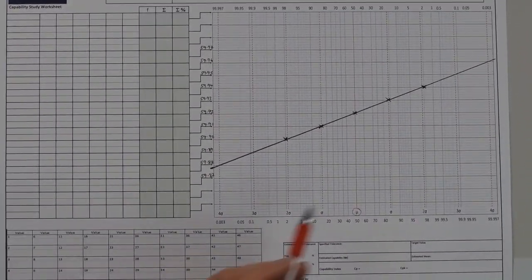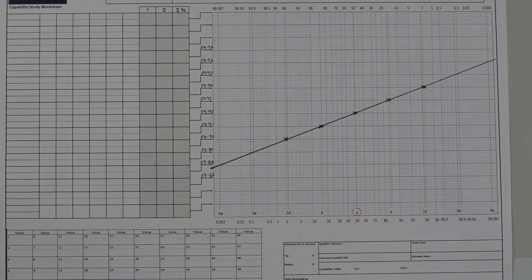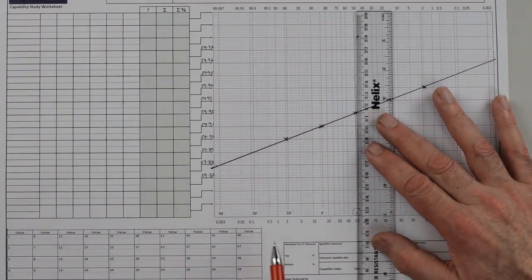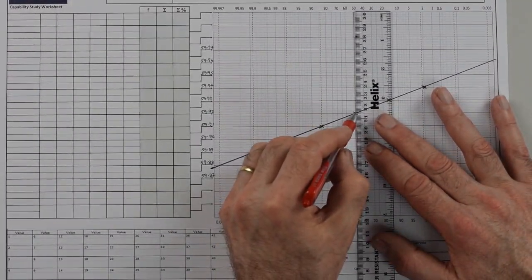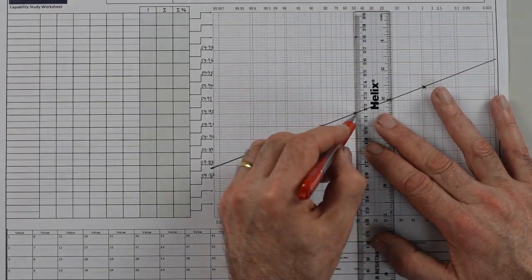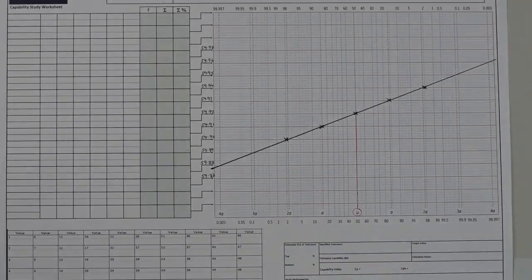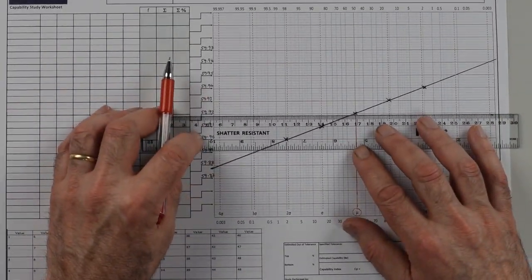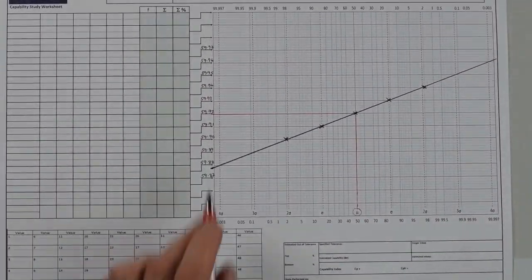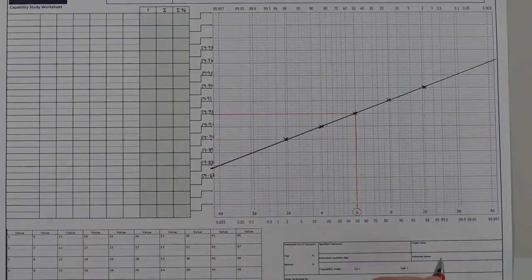So reading from the chart, you can read the mean directly from the chart. Which is the point it crosses, and reading across onto the y-axis, you can read the mean as 59.92 millimeters.